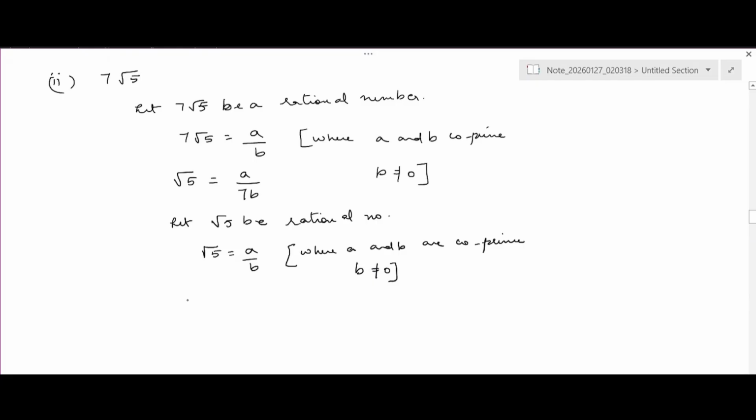So root 5 b is equal to a. So squaring on both sides, a squared is equal to 5b squared.